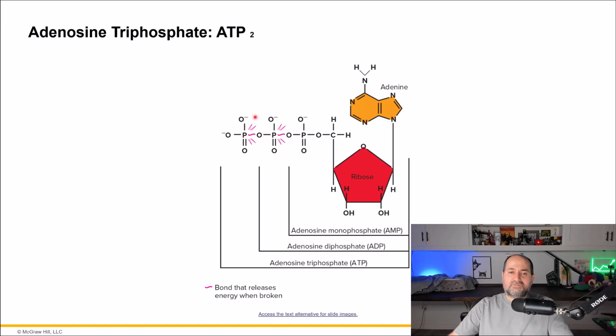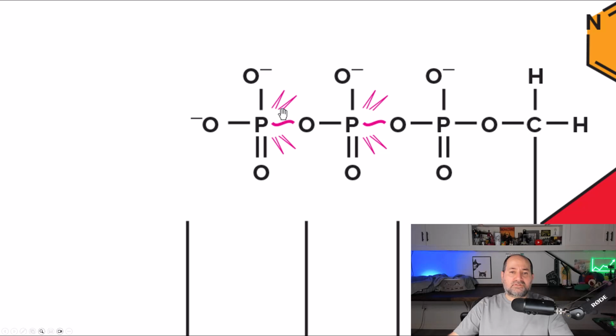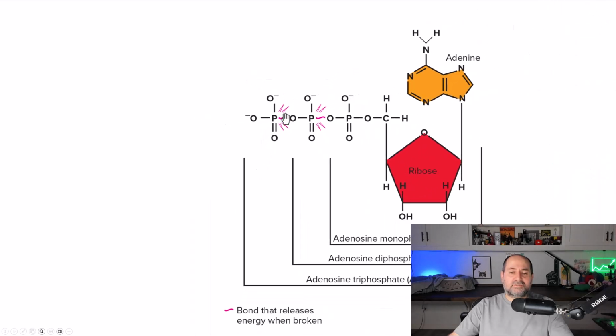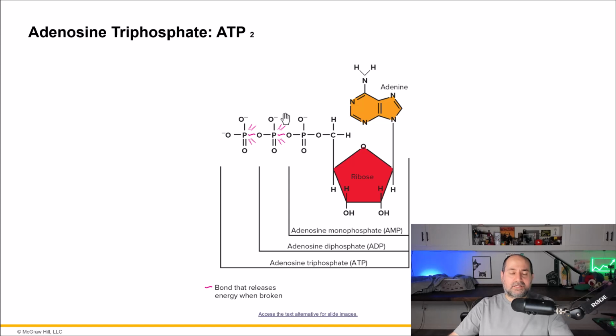And by cleaving or hydrolyzing, remember we talked about hydrolysis, using water to break a bond. So imagine using water to break this bond right here. That would cause this phosphate group to release, and that releases a bunch of energy that the cell can use to do work.